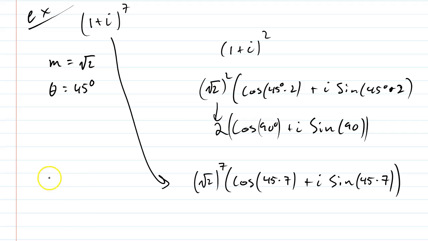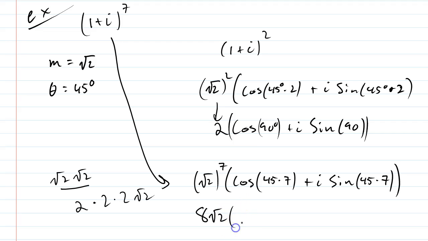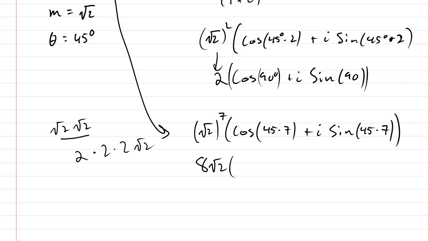Well, there would be 7 root 2's, and for every pair of root 2's you would get a 2, so that's 2 times 2 times 2 times root 2. I get 8 root 2 as my magnitude, and 7 times 45 is 315, so I would have cosine of 315 plus i sine of 315.